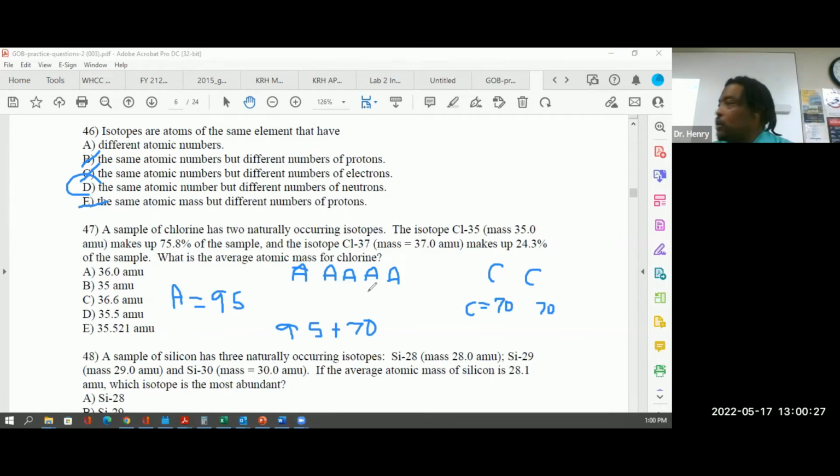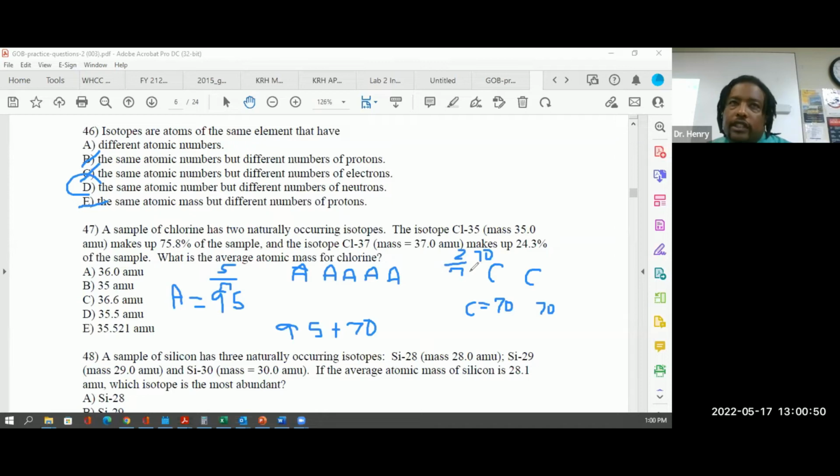So I have 5 over 7 that are A's, and I multiply that times 95. And then I take 2 divided by 7 and multiply that by 70. Then I add that together, and that would give me my grade.